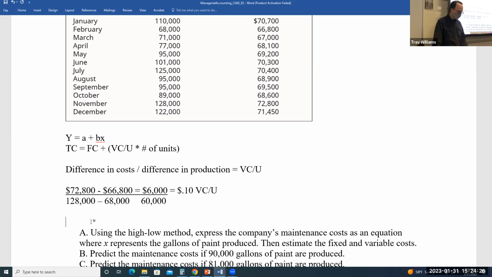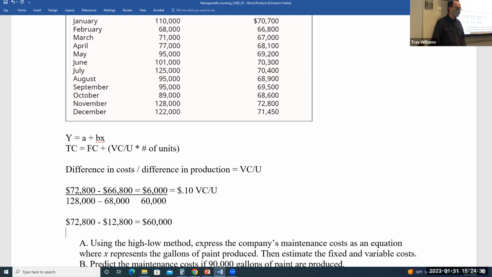That's going to look like this. This was the total cost for November. This was the variable cost for November.